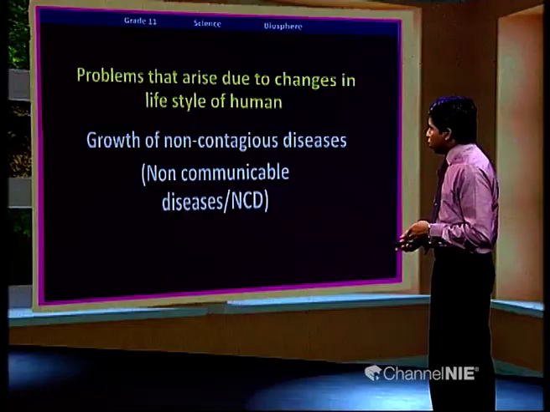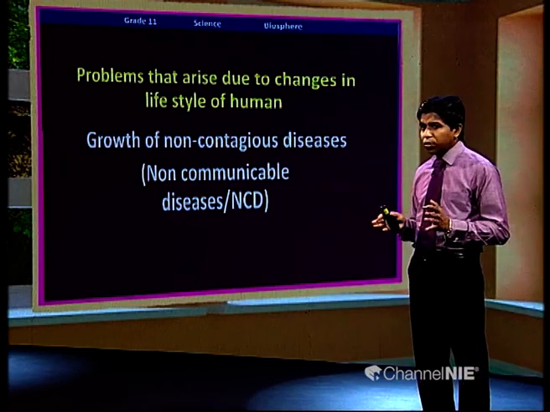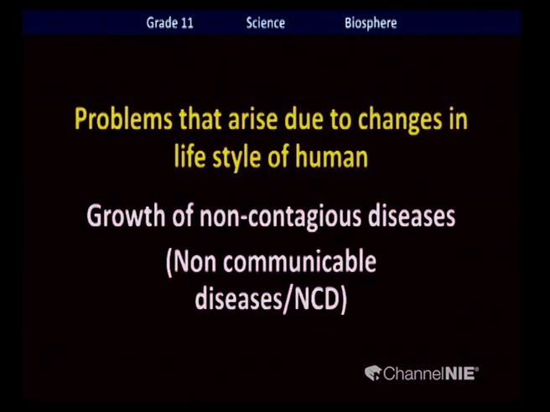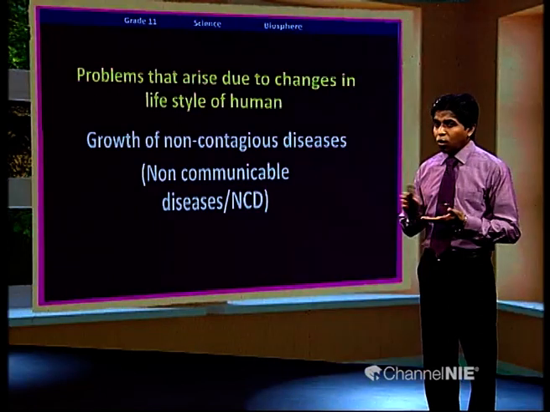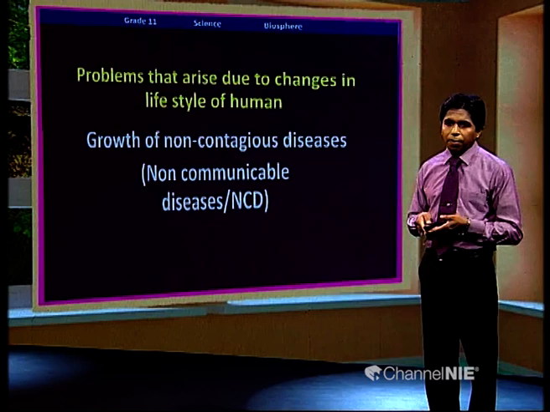Let's see what problems arise due to the changing lifestyle of humans. You can see growth of non-contagious diseases. Sometimes we call them non-communicable diseases or non-infectious diseases. All three give the same meaning: non-contagious diseases, non-communicable diseases or non-infectious diseases, or NCD.